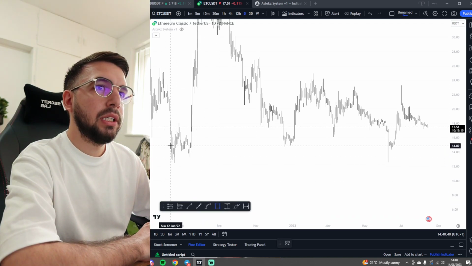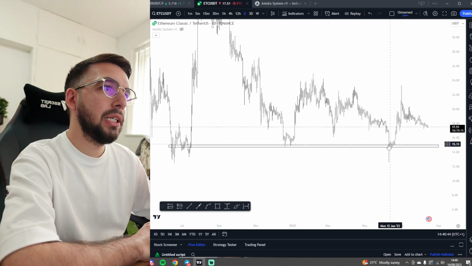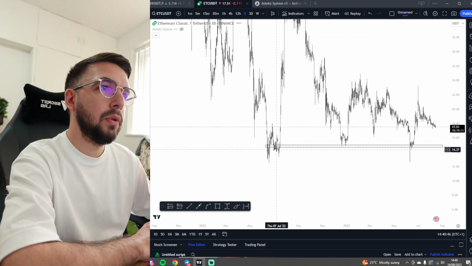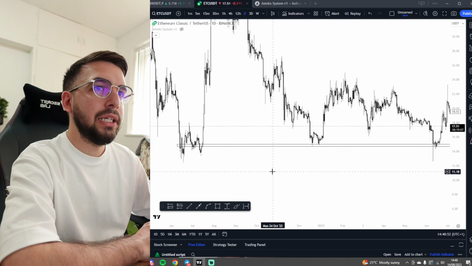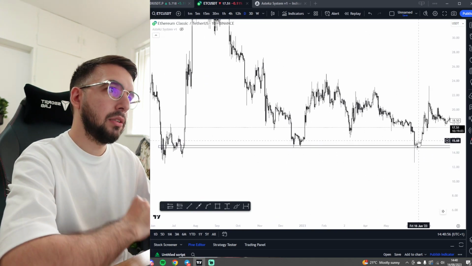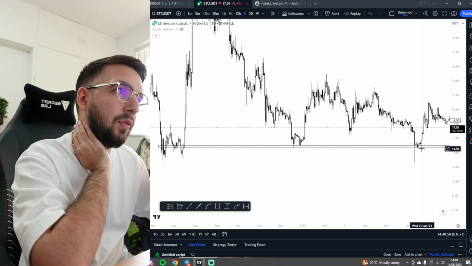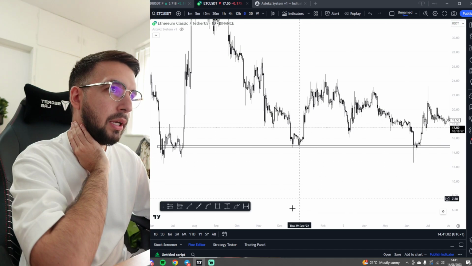We know historically that there's a big level here. The buy signals were printed here, but looking at this, we know there have been very big reactions from these lows here and here, and then eventually this aggressive sell off and then into the buys here. So a very big level here.